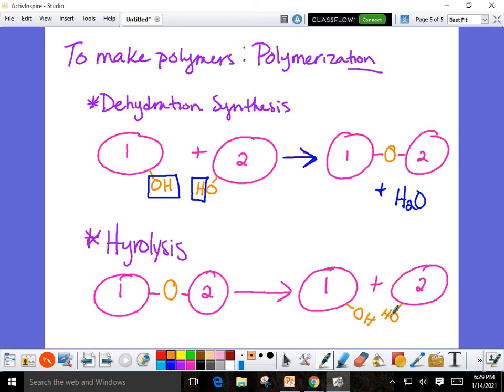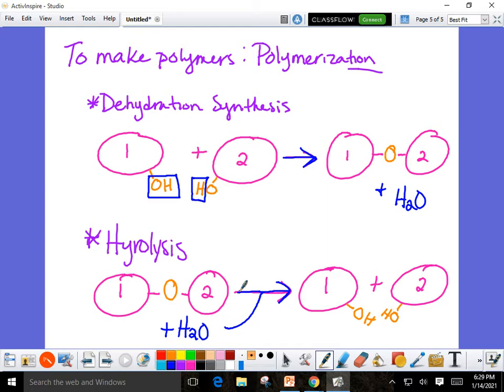And so water is actually going to ionize itself, so it's going to separate into that OH and a separate H. They are going to move into this reaction.